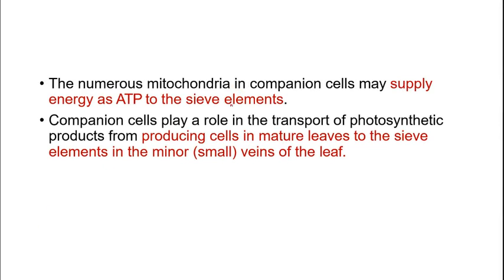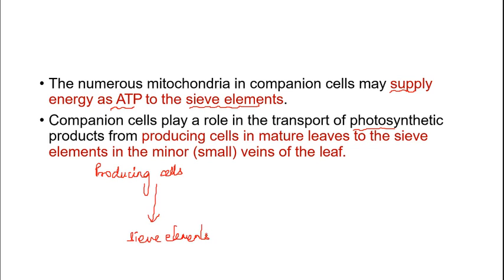There are numerous mitochondria present in the companion cell. So what is their role? They constantly supply energy as ATP to the sieve element. They play an important role in the transport of photosynthetic products from the producing cells, which are the leaves, to the sieve elements.